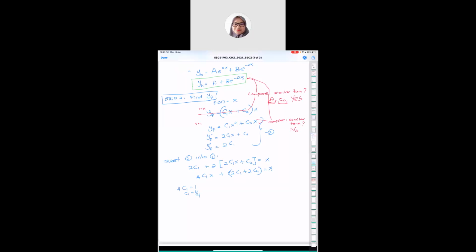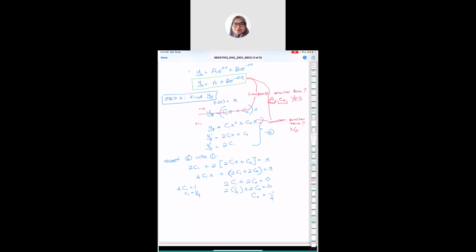Betul? Dapat yang sama? Okay, C1 equal to 1 over 4 and then constant 2C1 plus 2C0 equal to 0. Okay, masukkan C1 kat sini plus 2C0 equal to 0, dapatkan C0. Okay, so saya ada 1/4, 1/2, negatif 1/2, negatif 1/4. Okay, dapat jawapan sama dengan saya tak? Dapat, Doktor. Okay, good.